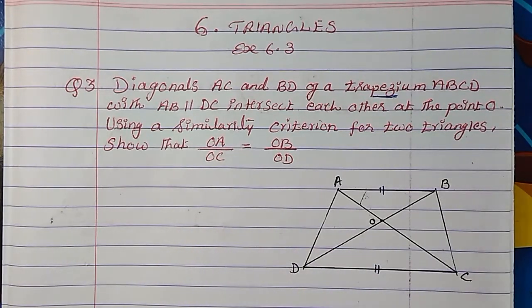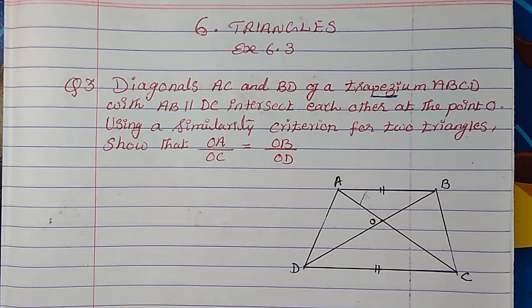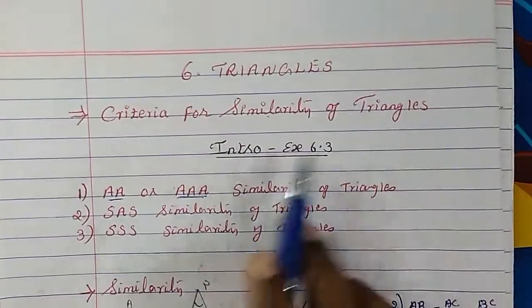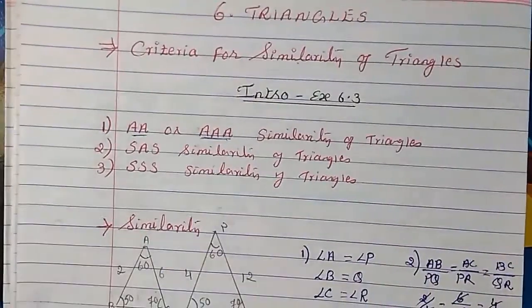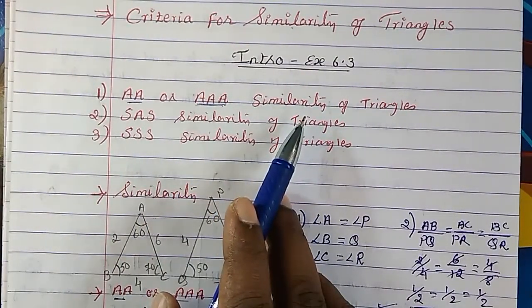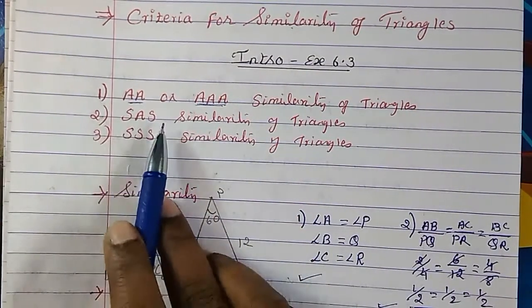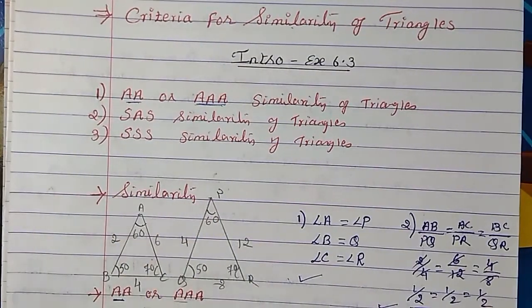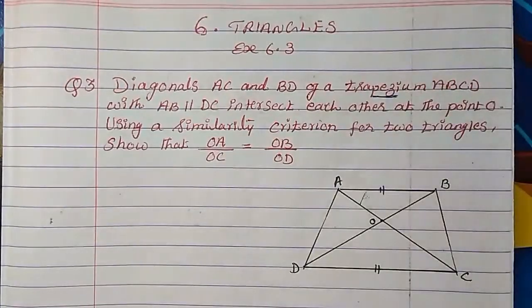So what similarity criteria have we studied? I have taught you the criteria for similarity of triangles: the angle similarity criterion, or side angle side, or side side side. Any of these criteria we can use. So let's find out which way we can do it.